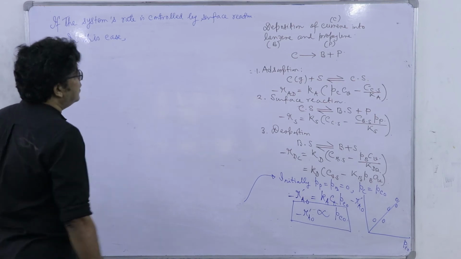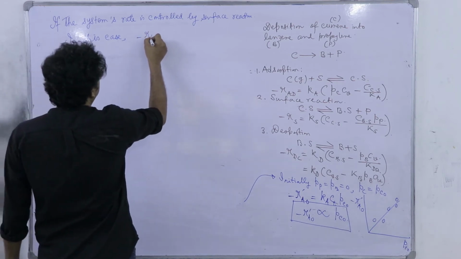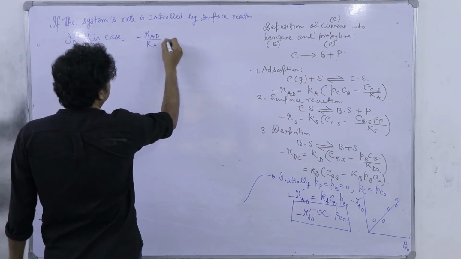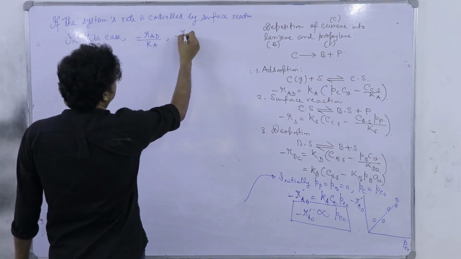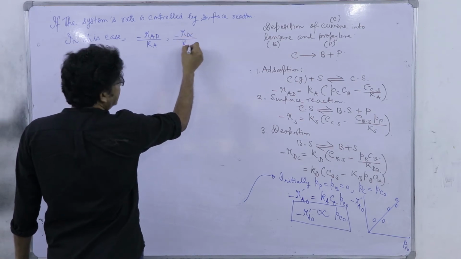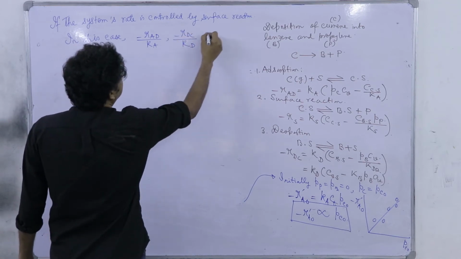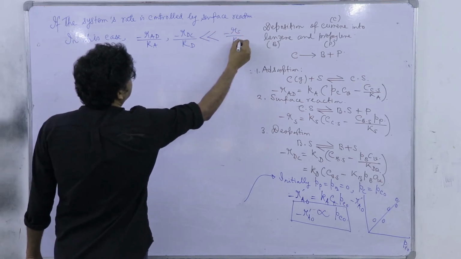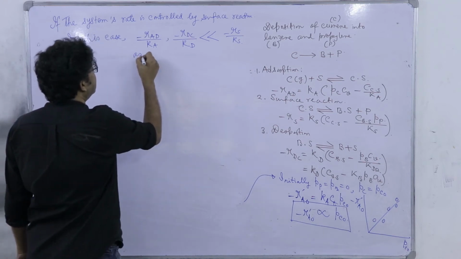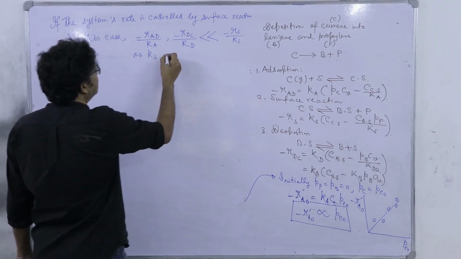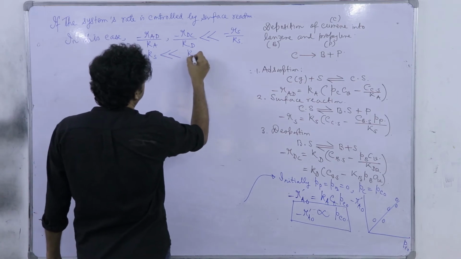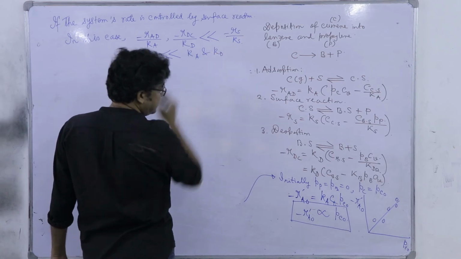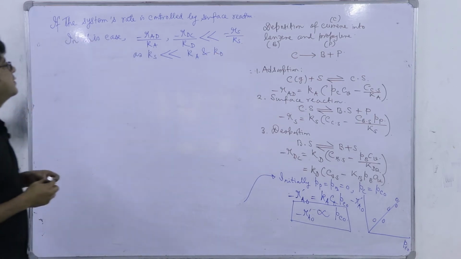so in this case we will have minus of RAD by Ka and minus of RDC by Kd much lower than minus of Rs by Ks, as Ks is much lower than Ka and Kd, right.